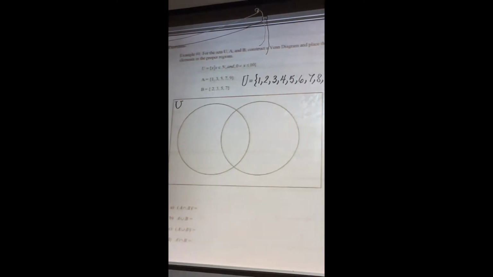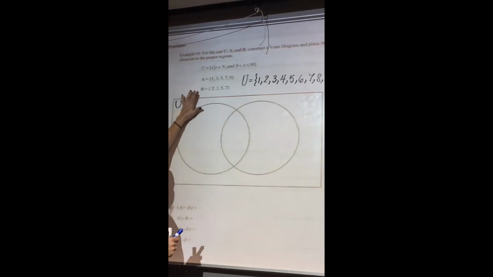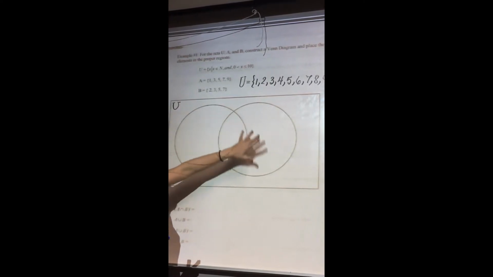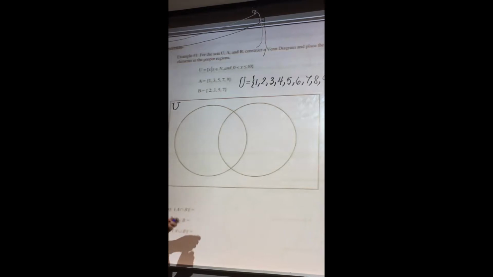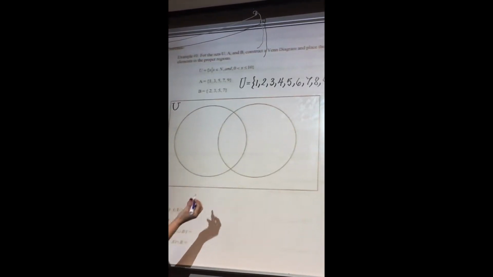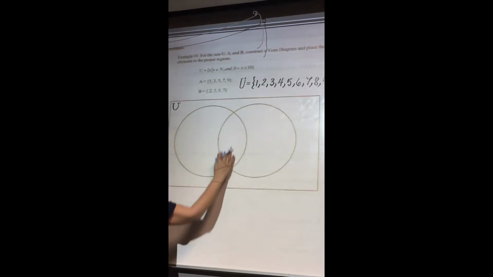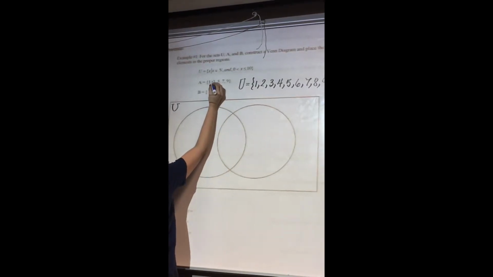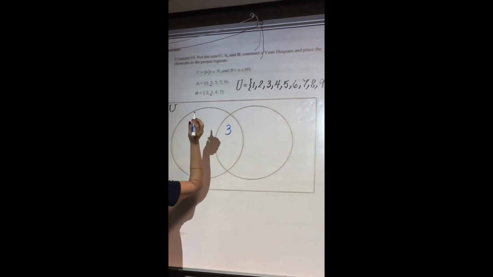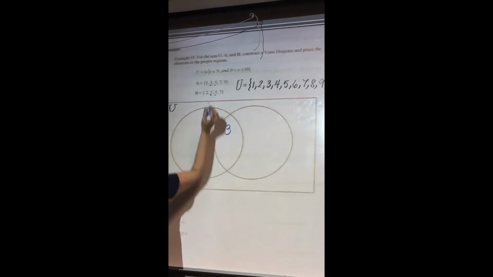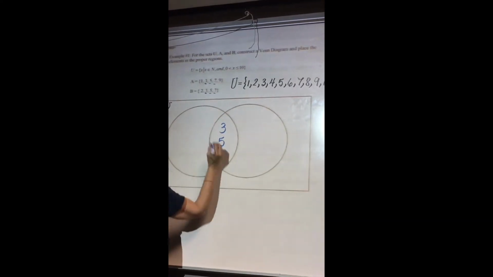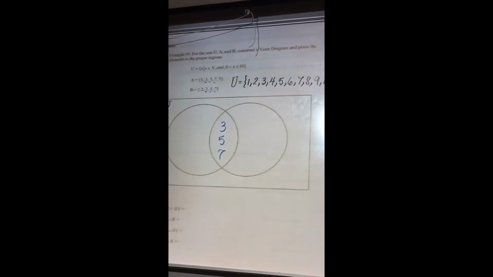And then I'm going to take my sets A and B to fill this out. First, I'm going to start with the common elements between A and B. So 3 is a common element, 5 is a common element, and 7 is a common element.